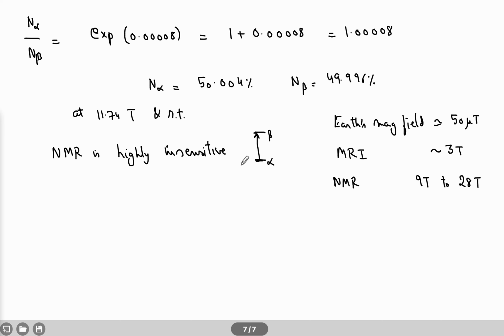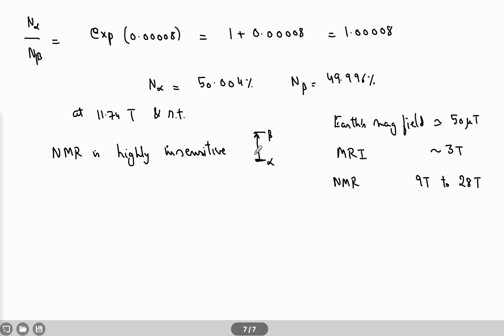Proton is the most sensitive of the lot, as I said, next to 3H. So proton is most sensitive, and all other nuclei are hence called insensitive nuclei. So carbon and nitrogen; fluorine is almost as sensitive as proton. Phosphorus, these are all called insensitive nuclei because their population difference is further reduced because of their smaller gamma.